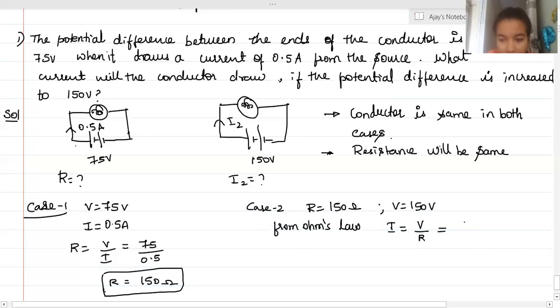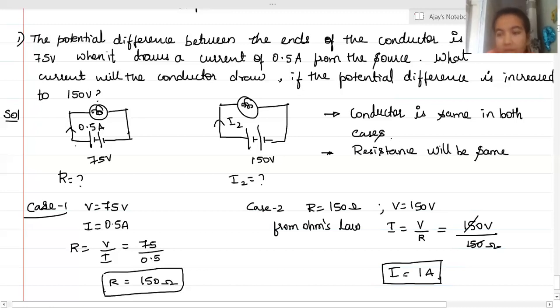V I know is 150 volt, and R I know is 150. Cancel. I will be 1 ampere.